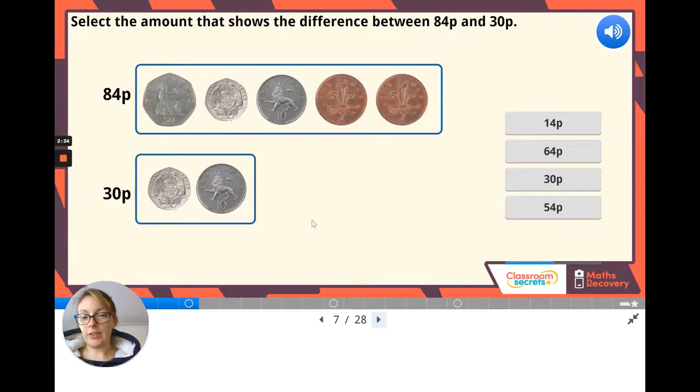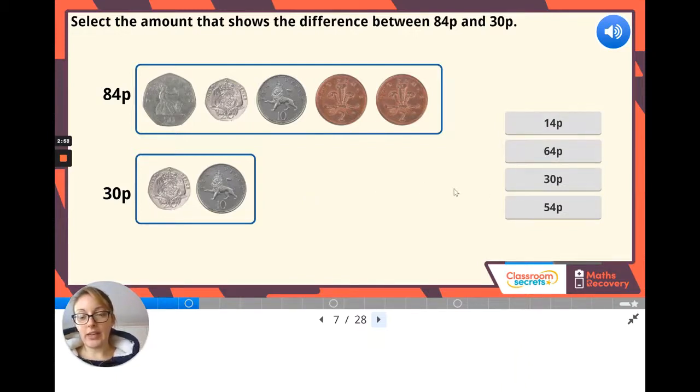Now let's have a look at these two groups. The top group has 84p, made up of some different coins, and the bottom group has 30p. So if you have a look at the difference between the top amount and the bottom amount, can you see and work out which one of these is the difference?